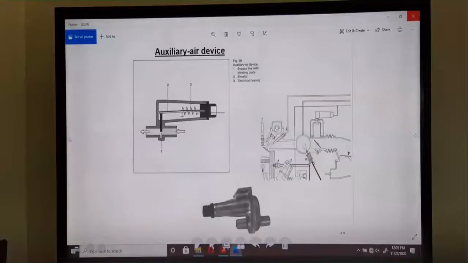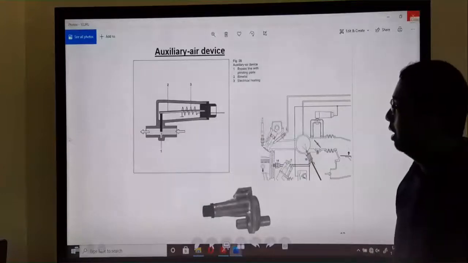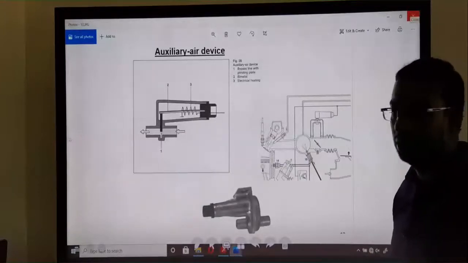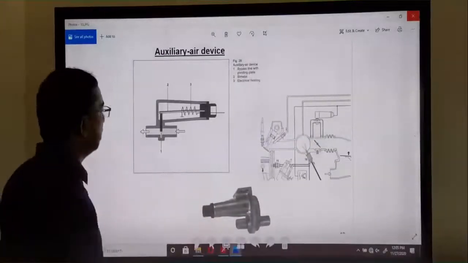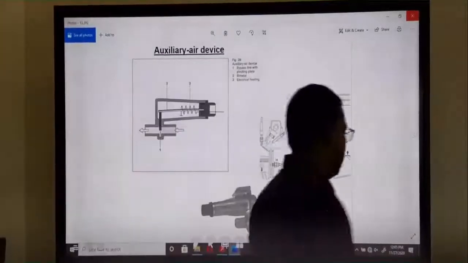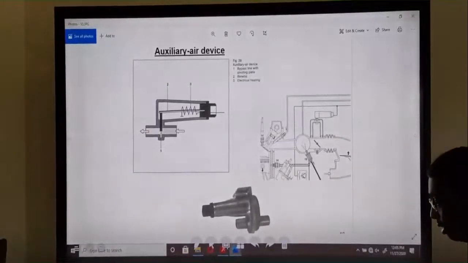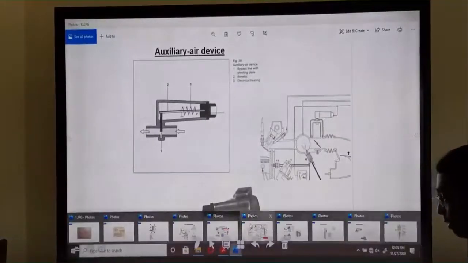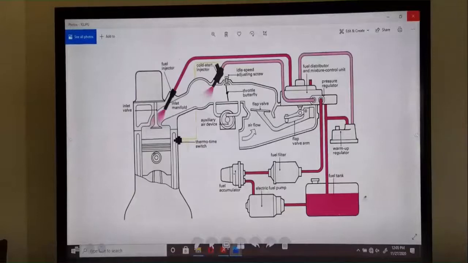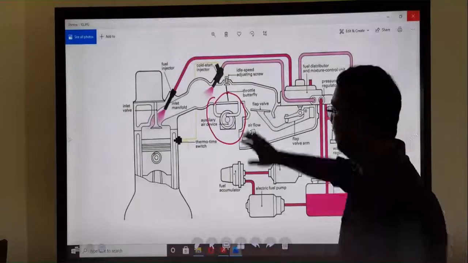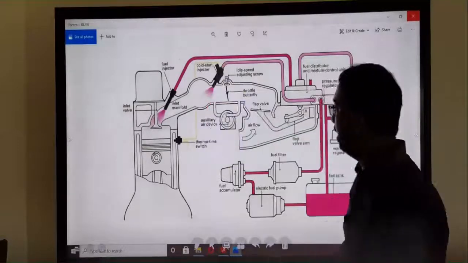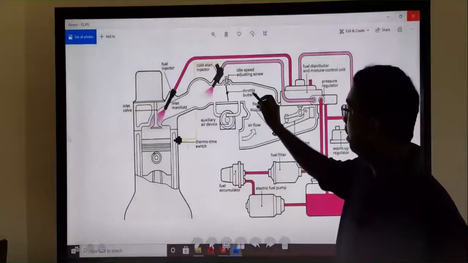So this is the auxiliary air valve, you can see here. First, why is it used here? The auxiliary air valve is the bypass line for the air, because the airflow comes like this.